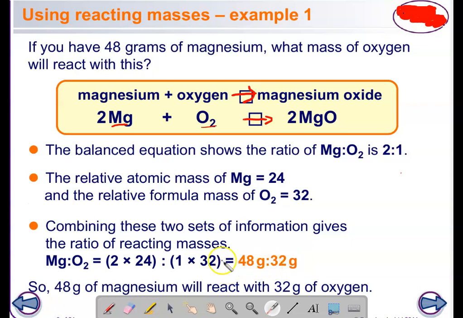Now, what that means is that if you have 48 grams of magnesium, you will need 32 grams of oxygen to react with it.